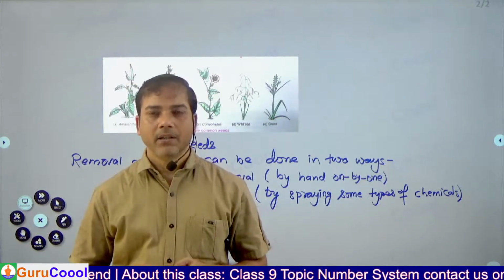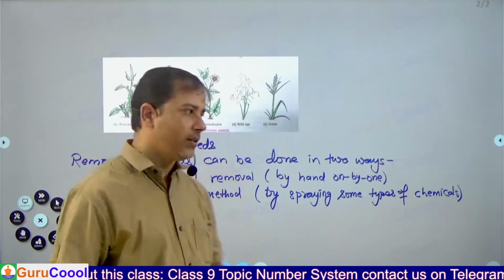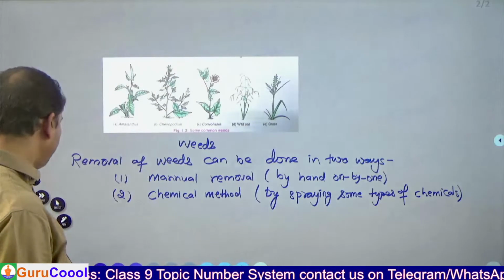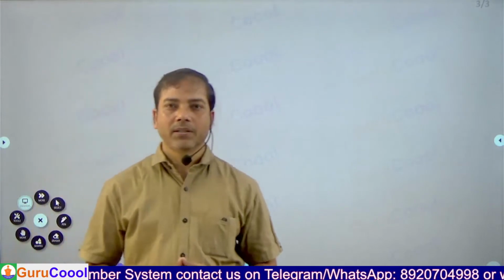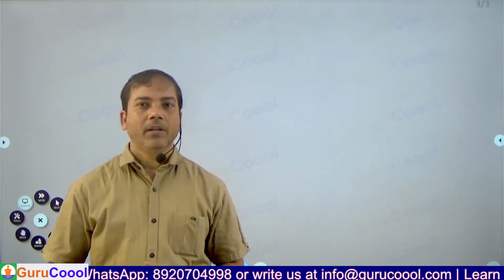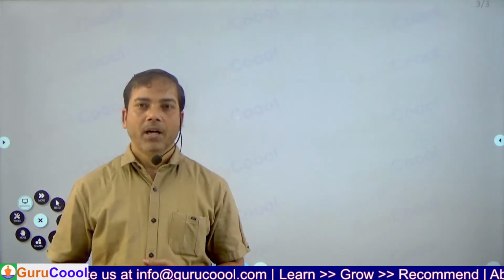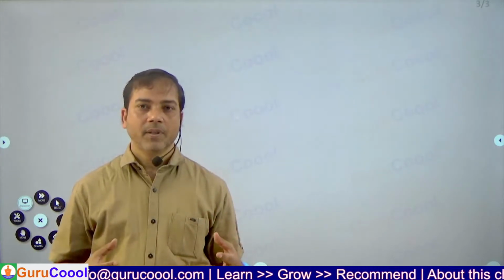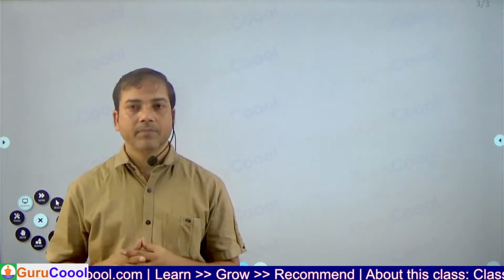Just like a factory owner produces many products in his factory, a farmer produces many crops in his farming land, and that is not safe. Anytime, any type of attack may be there, attacks of insects, pests, attack of weather, like frost, right?